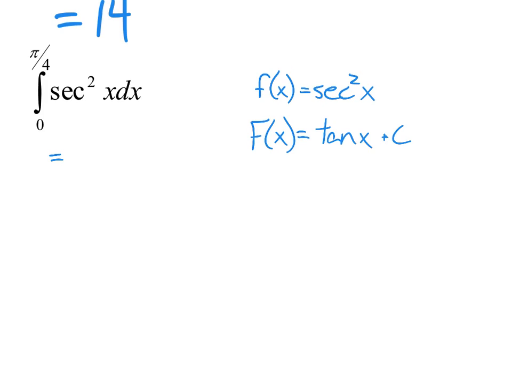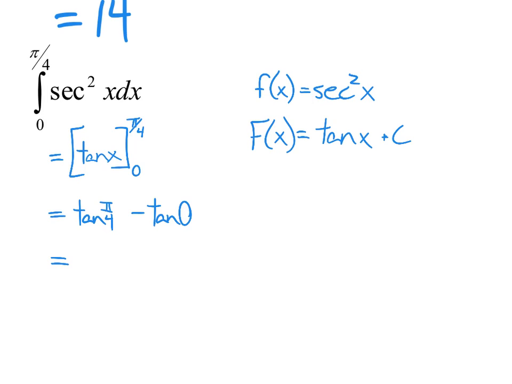So what we're going to be doing here is taking tangent of x and evaluating it from 0 to pi over 4. Okay? Always do the upper limit first. So we have tangent of pi over 4 minus the tangent of 0.